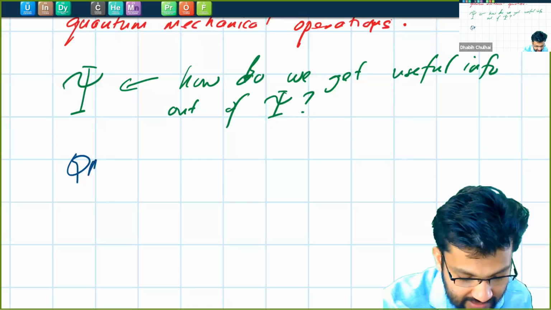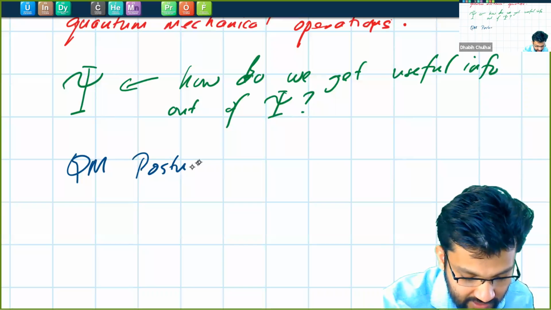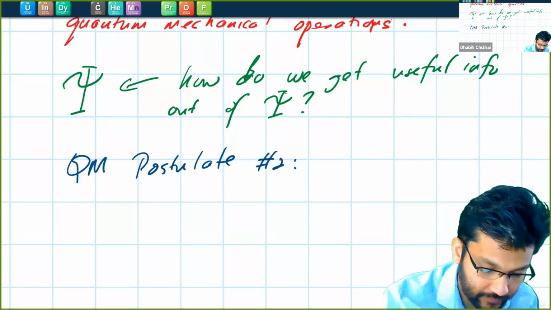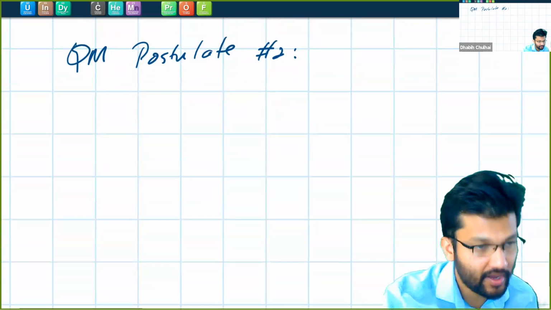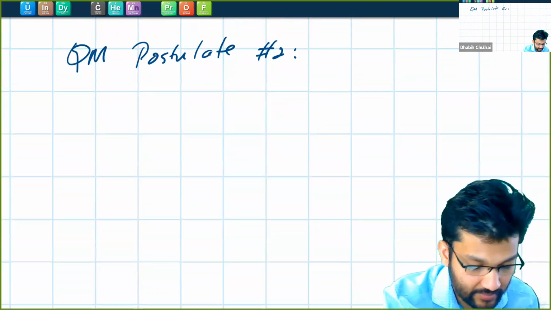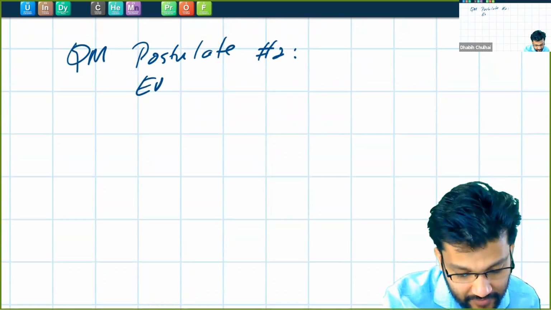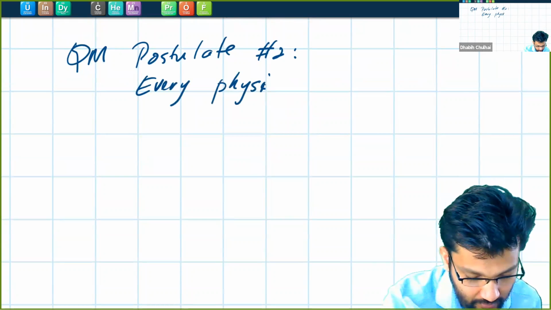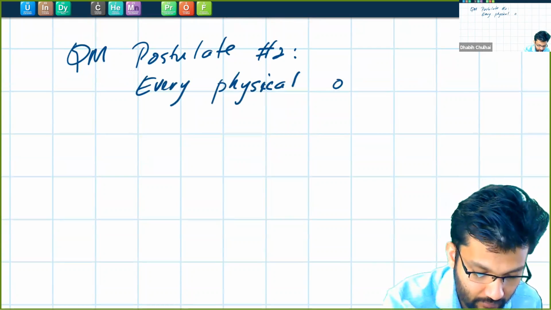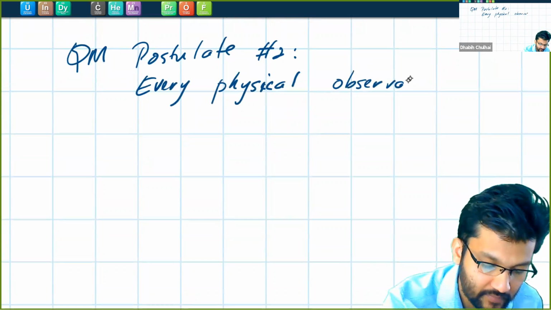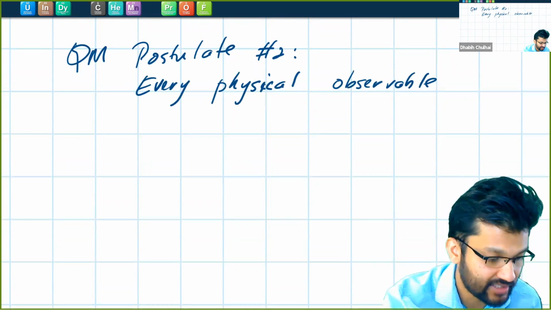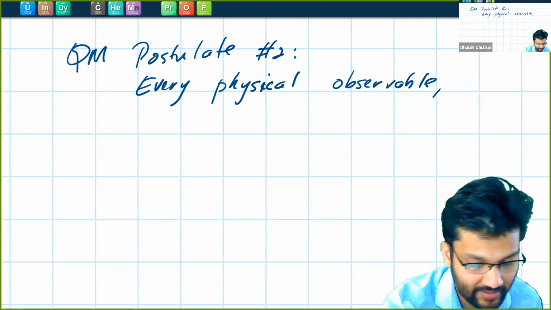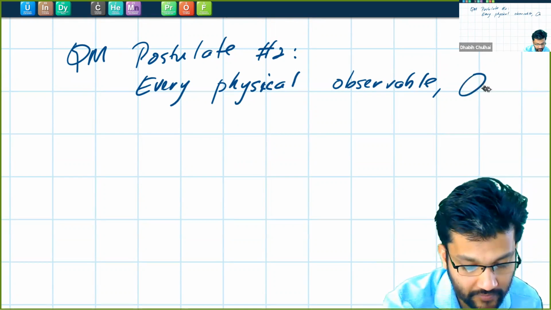And that will bring us to our second postulate that we're just gonna, again, assume without proof. And according to this postulate, we're just gonna say that every physical observable, meaning everything that you can actually observe, and let's call it O for a symbol, right?